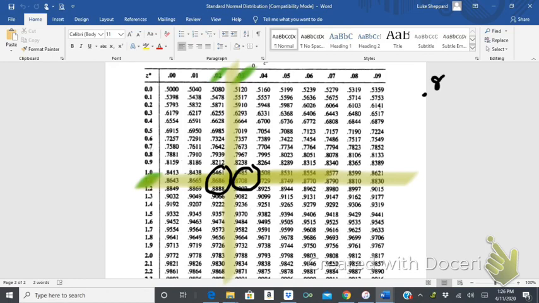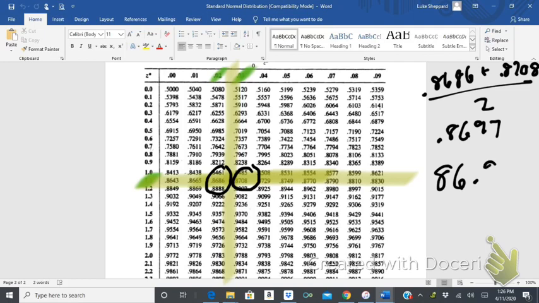So I'm going to do 0.8686 plus 0.8708, and divide it by 2, and that'll tell me what's directly in between 1.12 and 1.13. So 0.8686 plus 0.8708 divided by 2 is 0.8697, which means there is an 86.97% chance that someone in my class scored at least 84%.